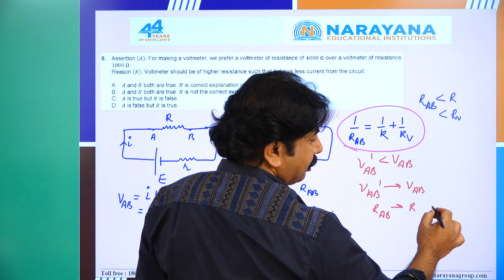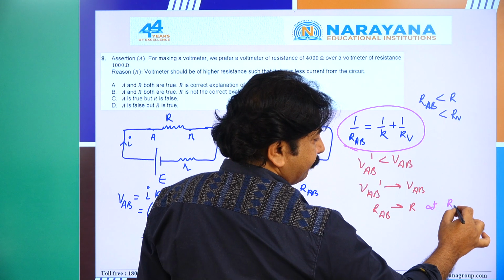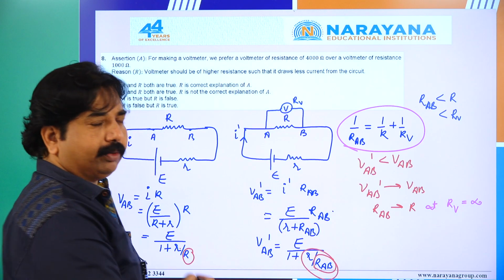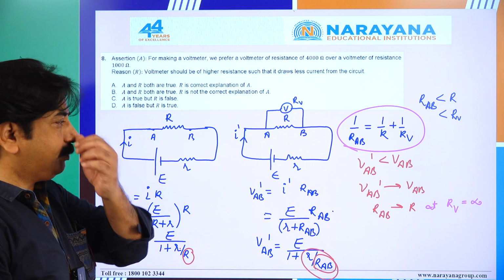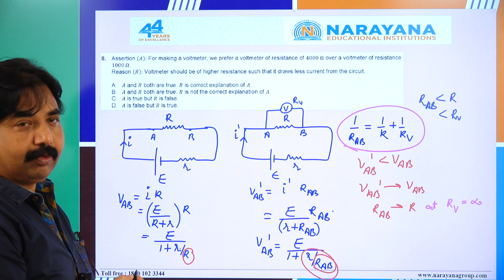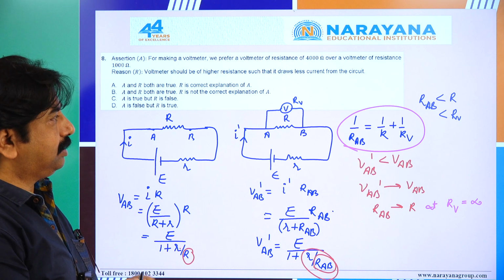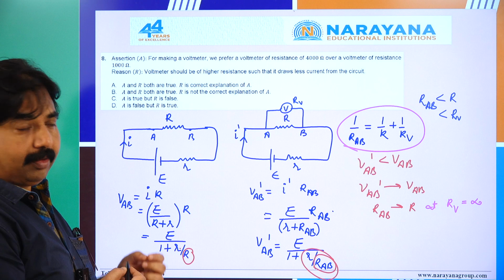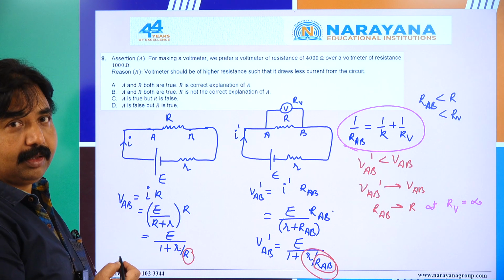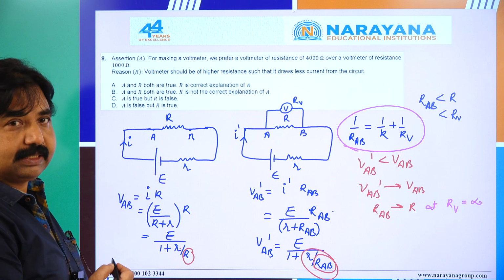RAB tends to R only when RV is equal to infinity. That's why we have the statement: for large resistance of the voltmeter, we can calculate accurate values of the potential differences.